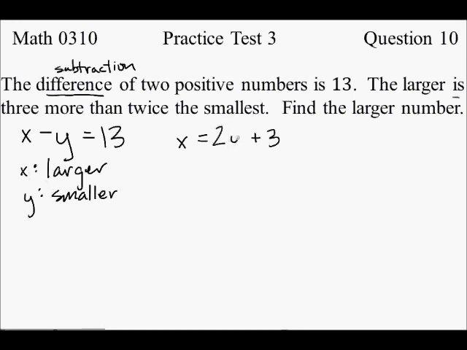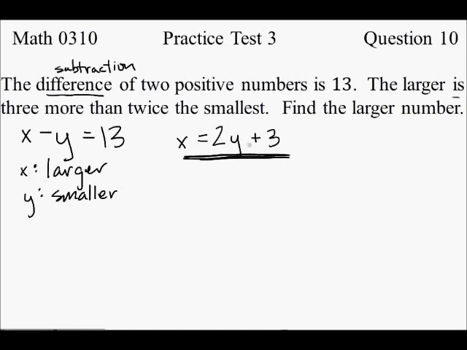So again, reading back over it: the larger, x, equals 3 more than twice the smallest, or 2y plus 3, adding 3 to 2y. So here we have our two equations, and this second equation is already set up as an x substitution. We have x equals this statement over here, 2y plus 3.